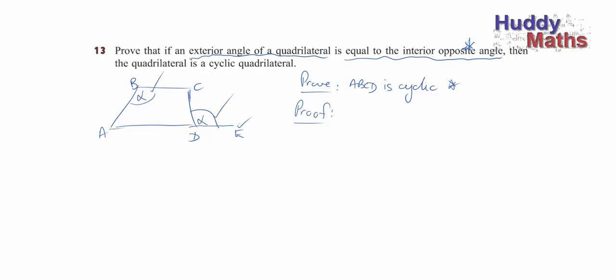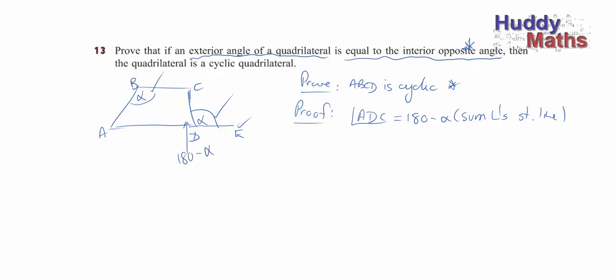Now let's use the given information, the only piece of information. If we use that, we can say angle ADC is 180 take alpha. That's the sum of adjacent angles on a straight line. So we'll put 180 take alpha in there. And I think the job's done, isn't it?